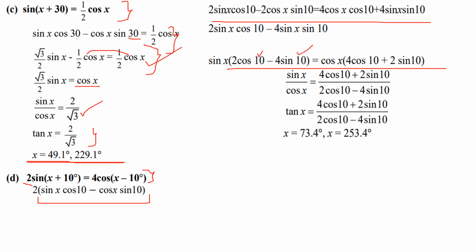So that's why you classify them together, but do not find their values before reaching the final step, just like I did here. So I factorize out sin x and I factorize out cos x. You divide through to get tan x, and then you're going to end up with this. Finding angles, they must be this, according to the required range.